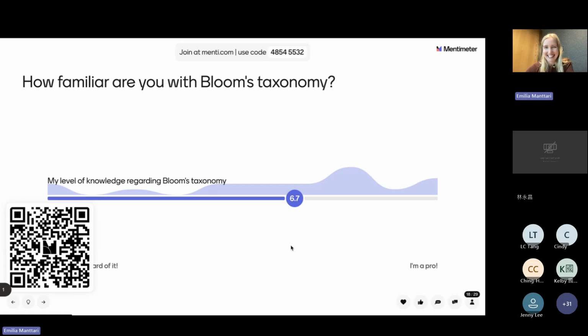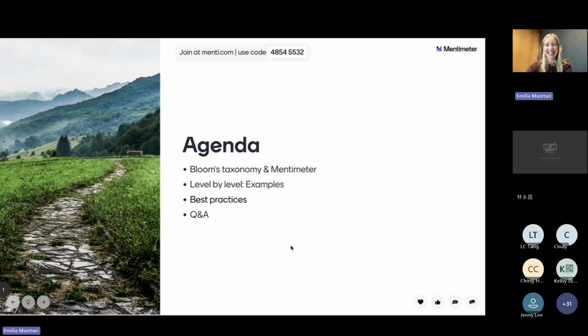Lovely. All right. So then I'm gonna quickly walk you through today's agenda. Like I mentioned, I will first talk a little bit about what Bloom's taxonomy is, and then also how Mentimeter fits in with that methodology. Then the majority of today's session, we will walk you through the different levels and examples around how you can use Mentimeter in those.